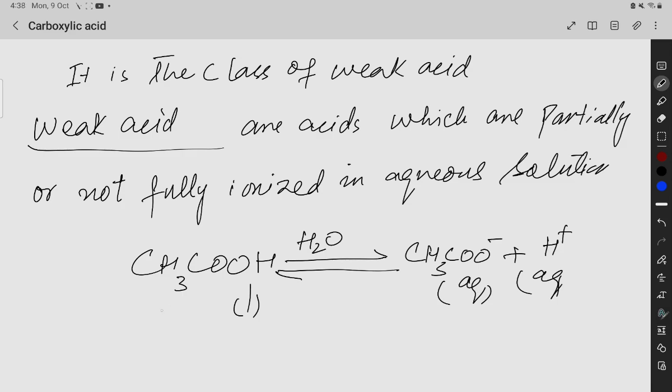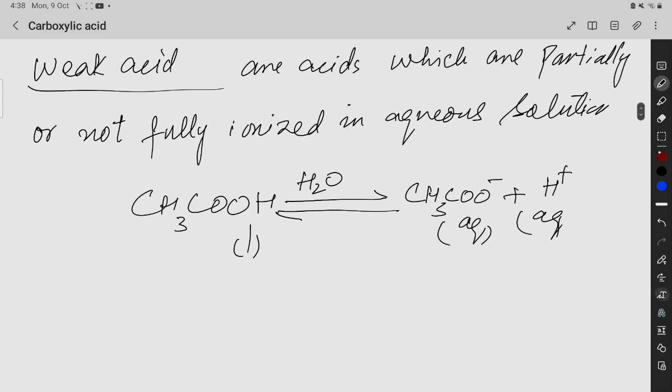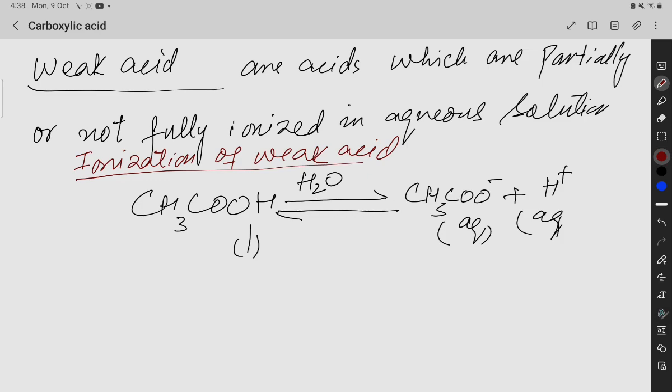Suppose we have 100 particles of acid, so only one particle is going to dissociate, right? So this is ionization of weak acid, or it is represented with a reversible arrow.